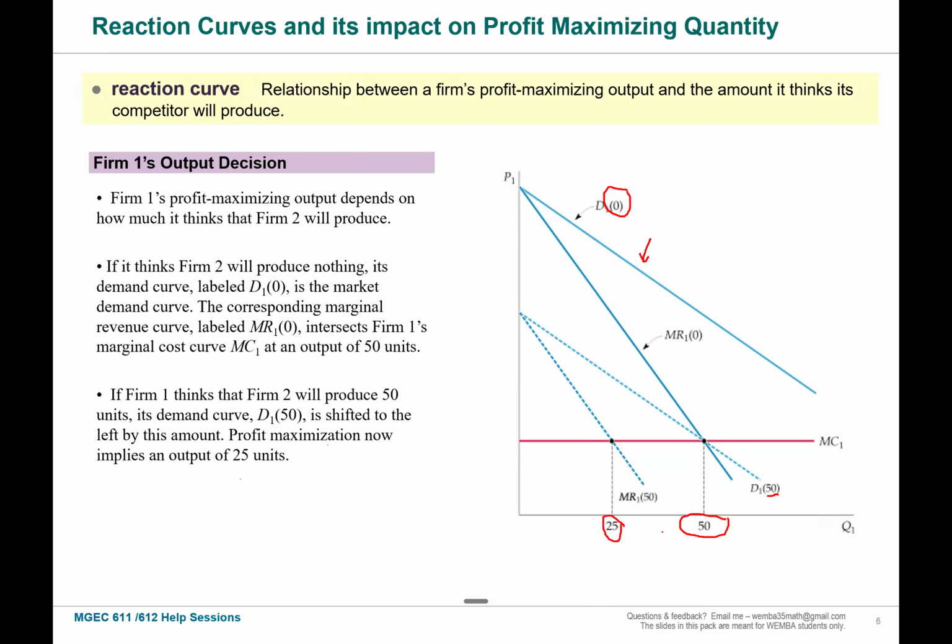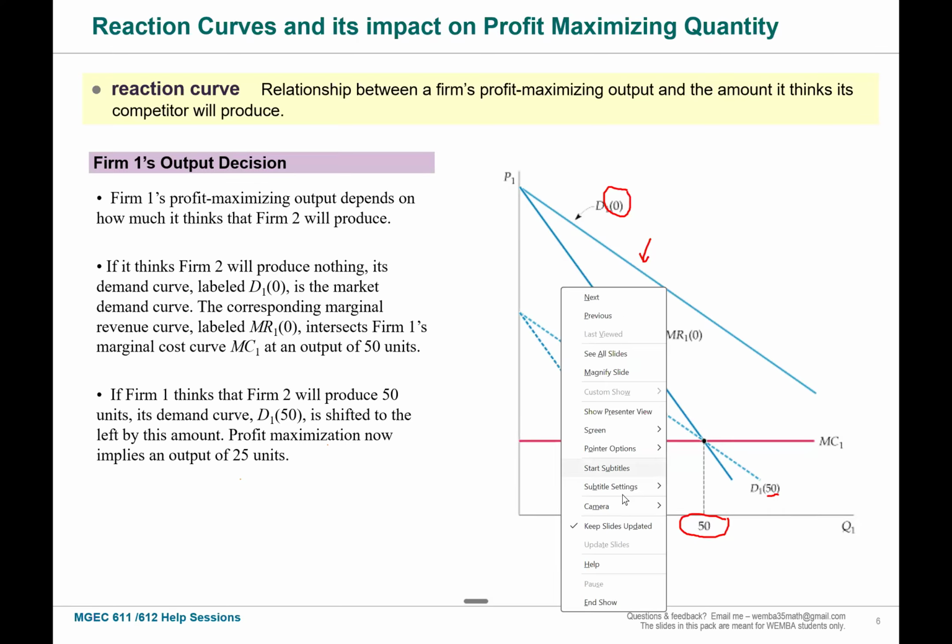So what you see here is that firm 1 will produce either 50 units if it thinks firm 2 produces 0, or firm 1 will produce 25 units if it thinks firm 2 will produce 50. So depending on what it anticipates firm 2 to do, it will produce a different quantity accordingly.